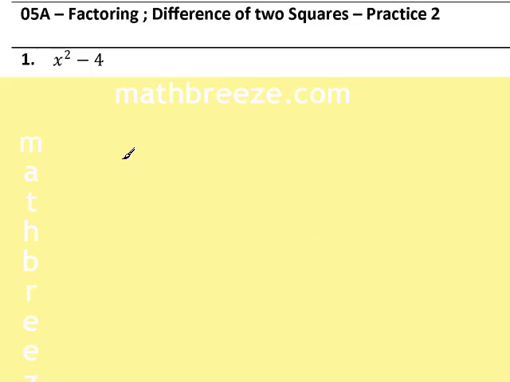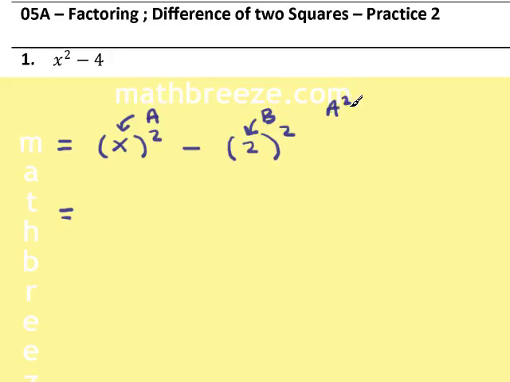Number one, we have x squared minus 4. So let's write this as something squared minus something squared. So this is our a, and this is our b. And remember our little formula, a squared minus b squared is equal to a + b times a - b.